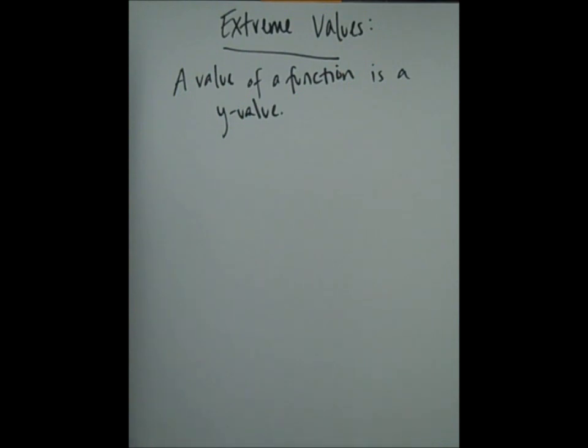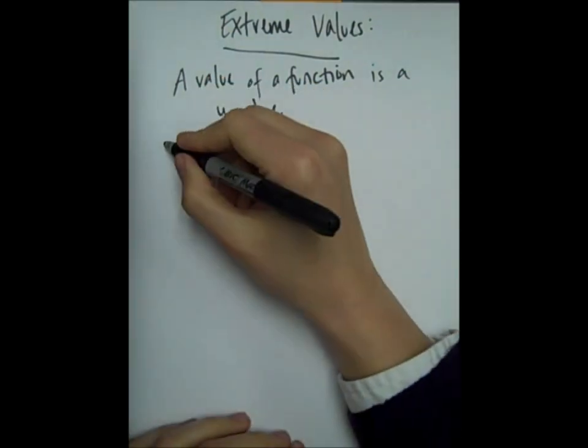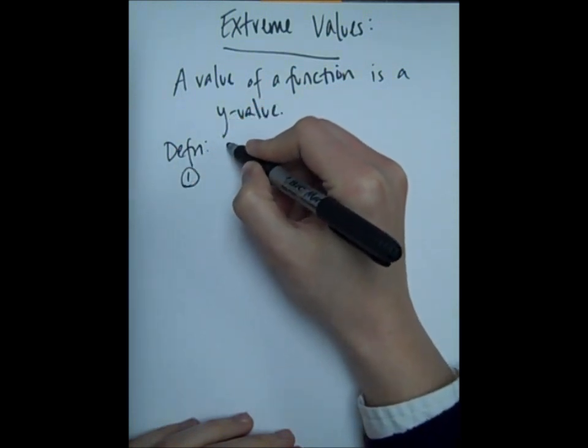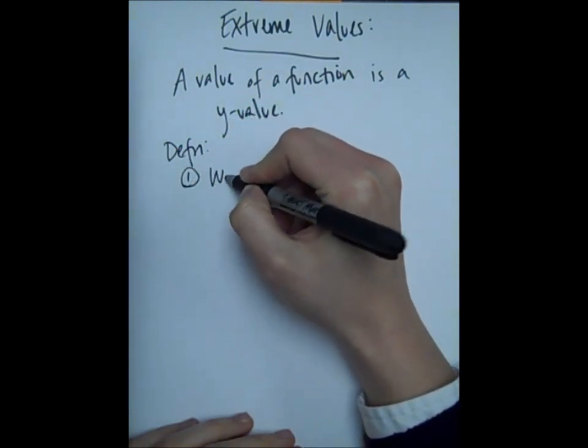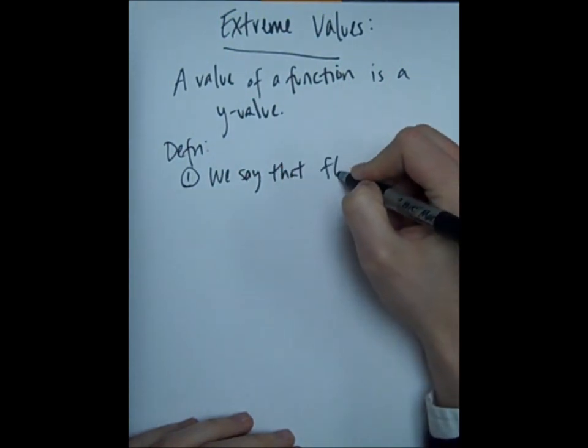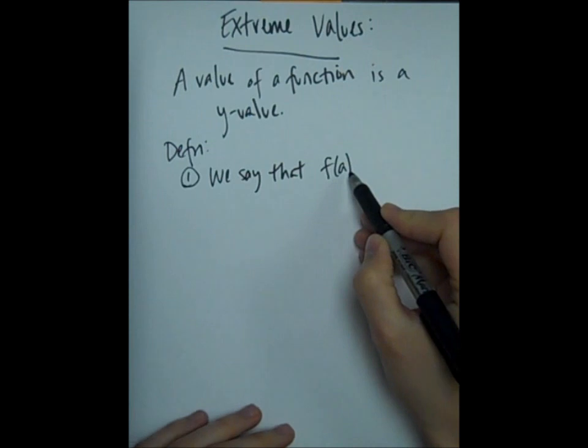So in this section, the main focus is absolute minimums of a function and absolute maximums of a function. So two definitions that we need to know. One, we say that f of a, and this is going to be a y value because I've plugged in the point a and I'm getting out a y value.